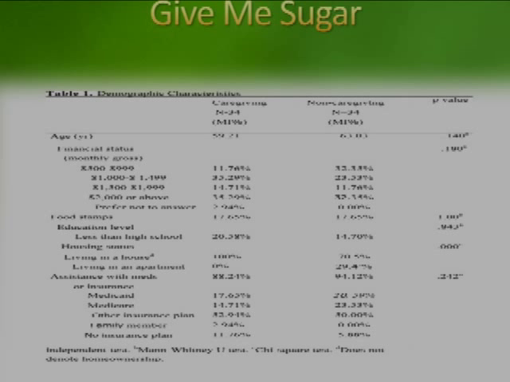What that means is that caregivers were more likely to live in a house versus an apartment. There were no significant differences in age, finances, education, or health insurance because all those p-values are above 0.05.